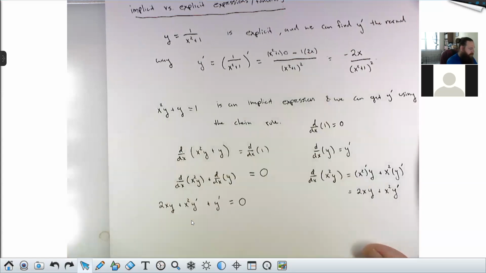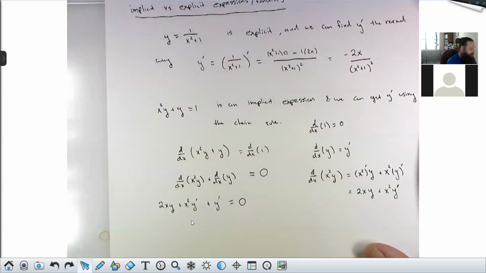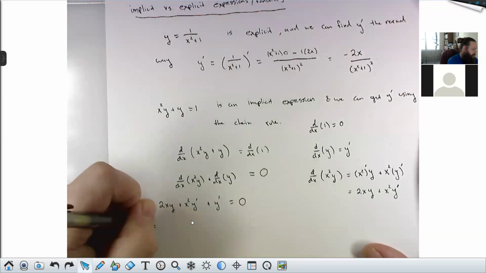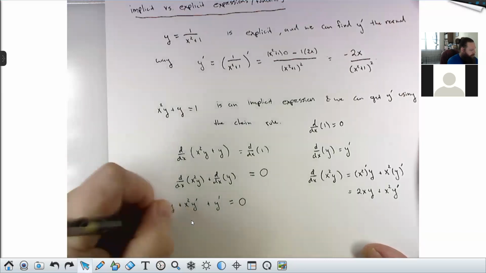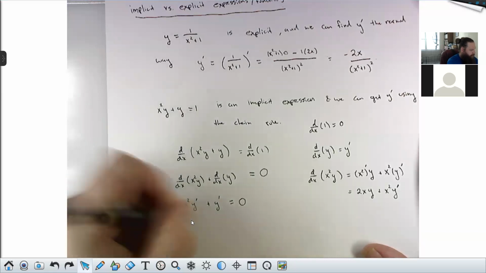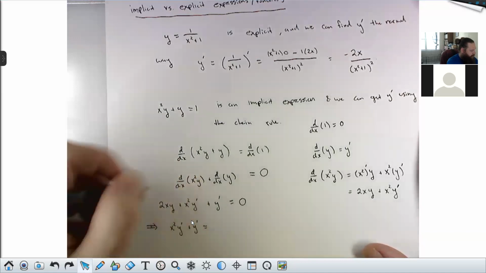here if I solve it for y prime and plug back in this y, knowing that y is 1 over x squared plus 1. Let's do that. So I can subtract the 2xy over, I get x squared y prime plus y prime equals negative 2xy.